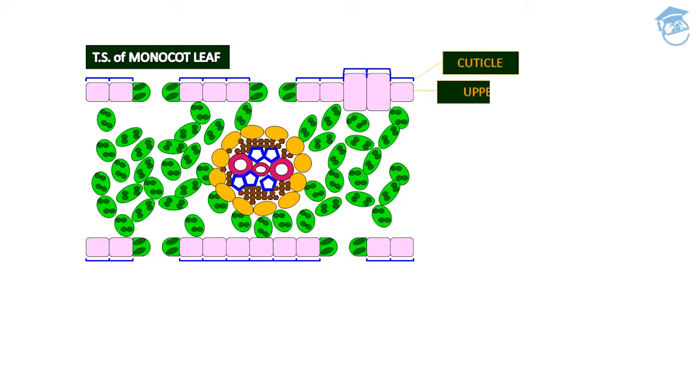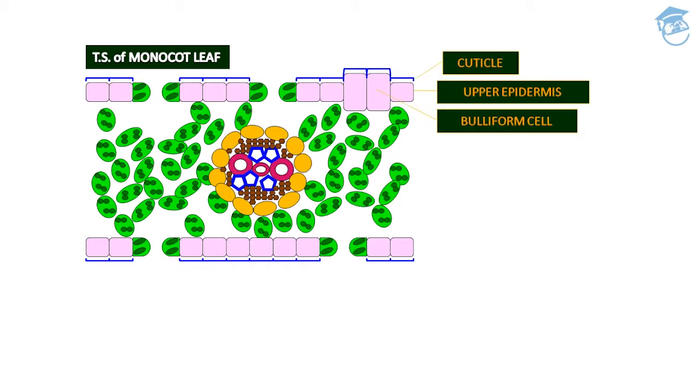Once again, this is cuticle, this is upper epidermis, this is bulliform cells. In grasses, certain adaxial epidermal cells along with the veins modify themselves into large, empty and colorless cells, and these are called as bulliform cells. Okay, and this is a spongy mesophyll, because the mesophyll in case of monocot leaf is not differentiated into palisade and spongy parenchyma.